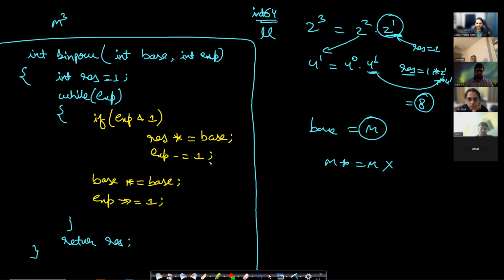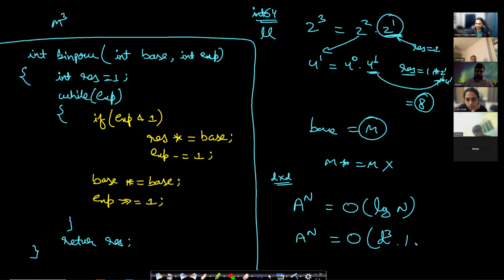So if I can calculate, let's say, a to the power n in order of log n time, in case of binary exponentiation when a was an integer, then if a was not an integer but a matrix of size d by d, then don't you think calculating a to the power n will take d cube times log n?